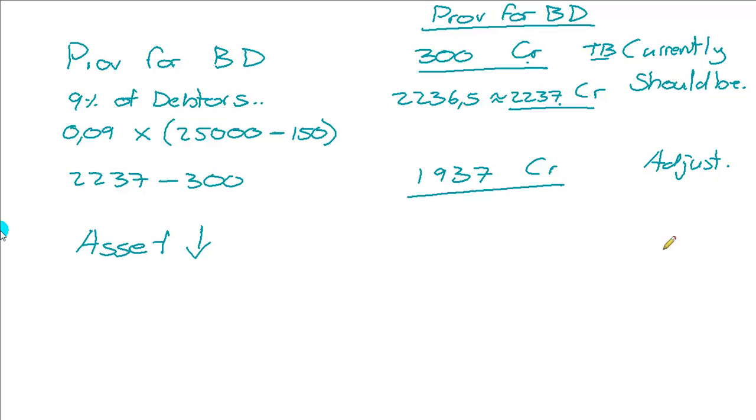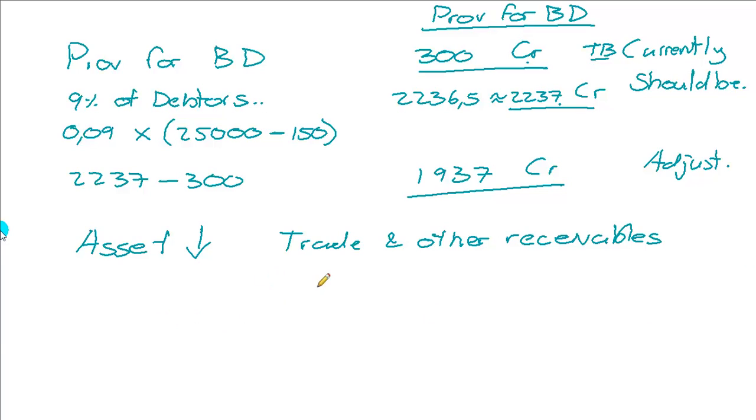The specific line item that we're going to use is, you remember, provision for bad debts is the negative account for debtors control. So the line item we're going to use is the same one as debtors control, trade and other receivables. You'll remember that debtors control is the positive account and provision for bad debts is the negative asset account.